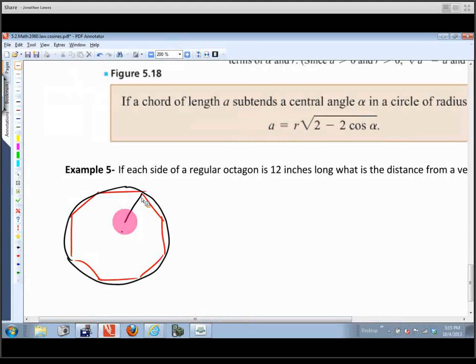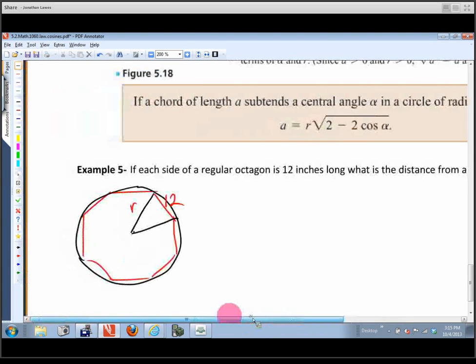What it's asking is, if this side right here, the side of the octagon, is 12 inches, it wants to know what's the distance from a vertex, a corner, to this right here. It wants to know what the radius is. So we can use that and this formula right here to figure out what the distance is.